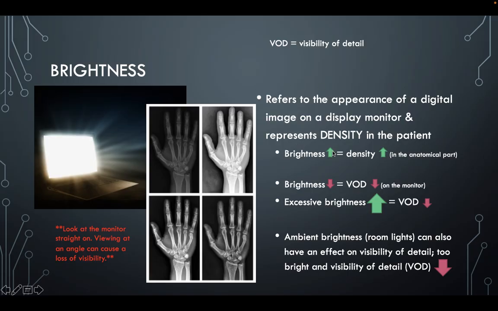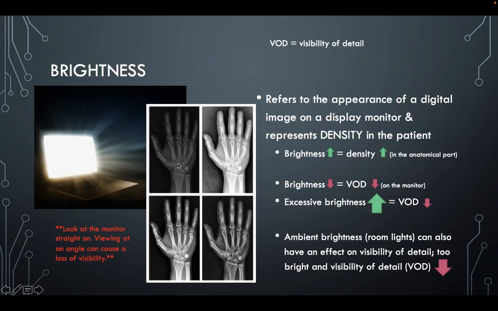So increased brightness represents increased density in my part. Make sure that you recognize that distinction. If something is super bright, like metal, it represents something that is super dense within my patient.